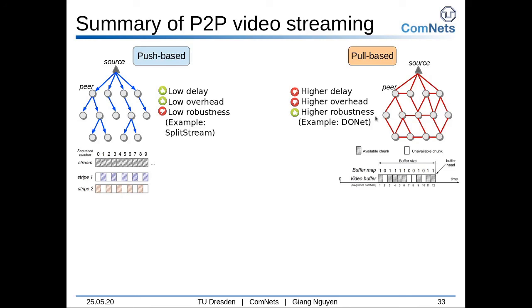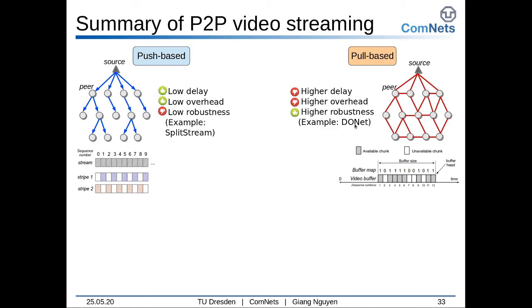It's very difficult to isolate a certain peer from the system. However, the drawback is the higher delay, because video packets have to be requested, and before that peers have to exchange buffer maps. Also, the buffer map messages cause high overhead.